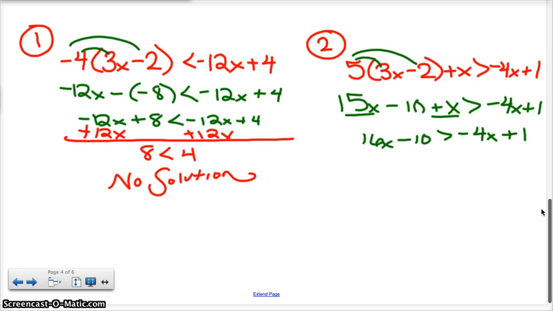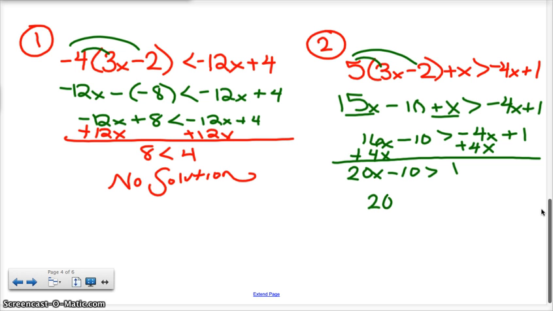That was step 2. Step 3 says to get x to one side. Add 4x, add 4x. 16 plus 4 is 20. Step 4 says solve. Add 10, and I get 20x is bigger than 11.